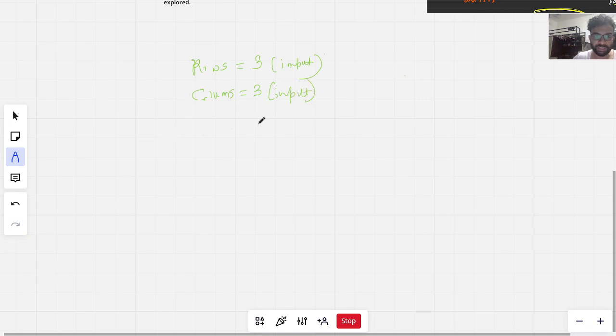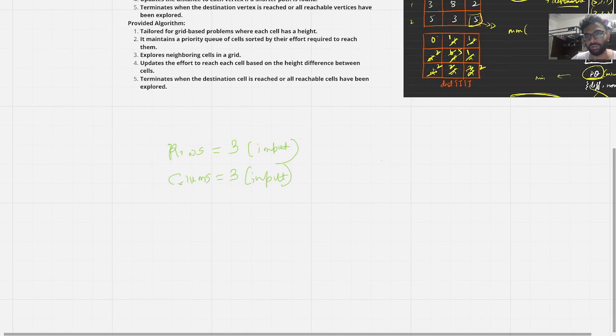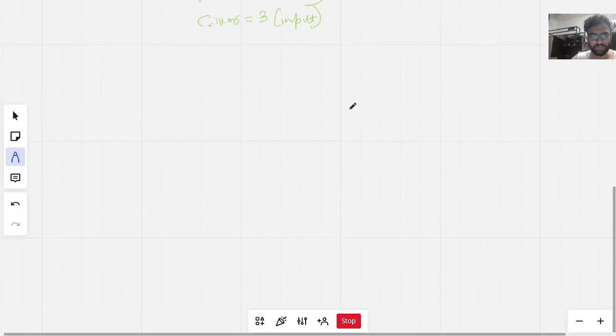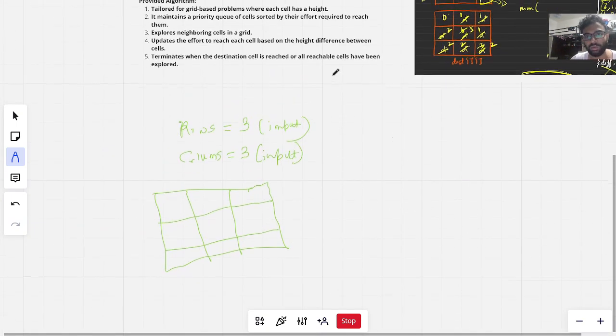Just understand what values are given in the question. The matrix given is 1, 2, 2, 3, 8, 2 and 5, 3, 5. Let's make a 3 by 3 matrix, and in this matrix we are going to put the values.